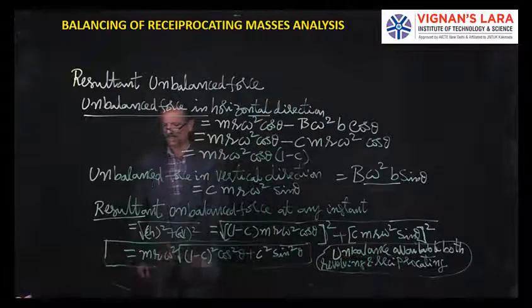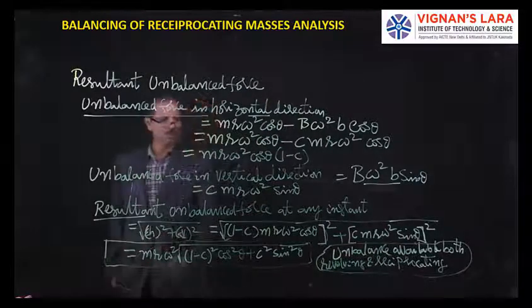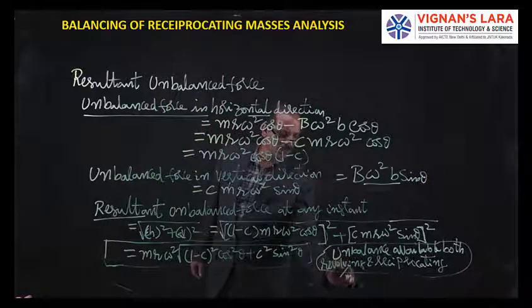How to balance it? We have taken m as the unbalance due to the reciprocating, and I will take the revolving unbalance as m1.